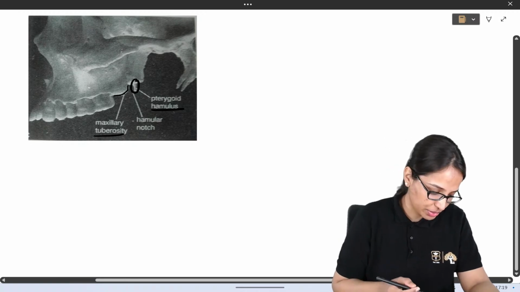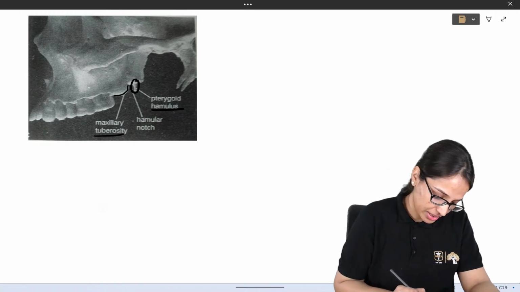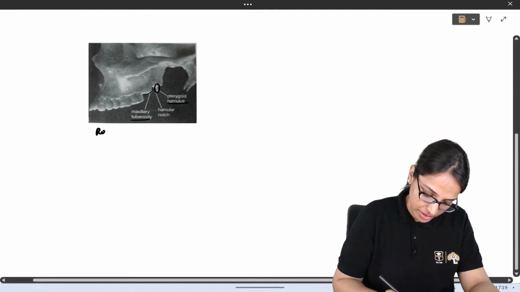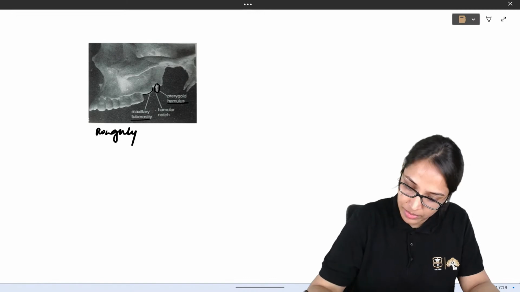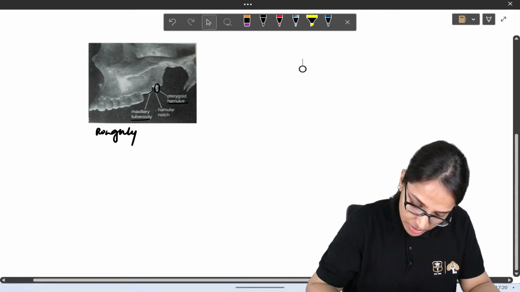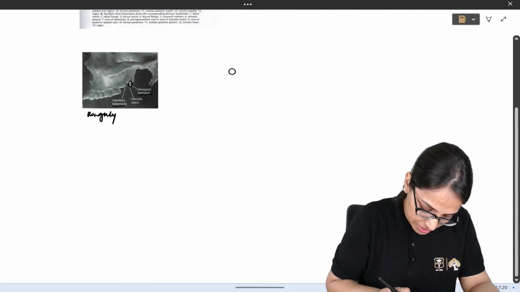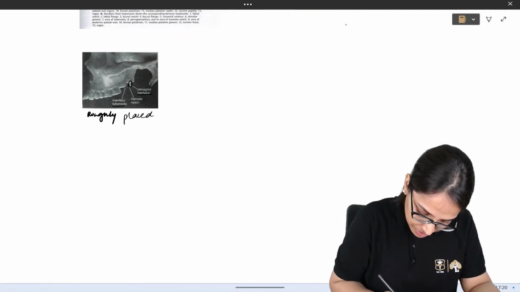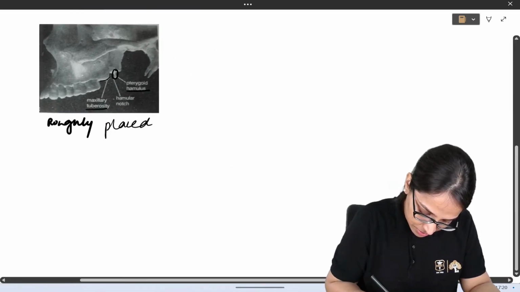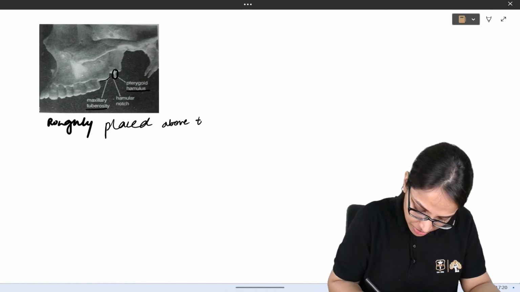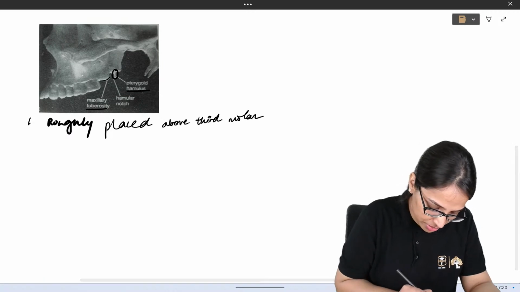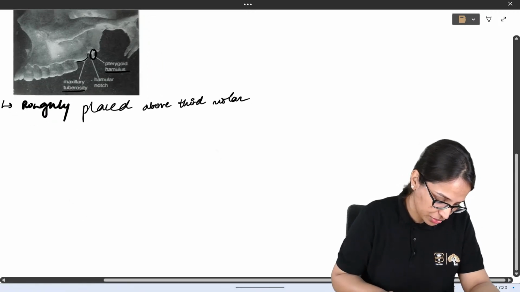It's the terminal part of your denture, and it will be roughly placed above the third molar. It will form your posterior extent of the denture.